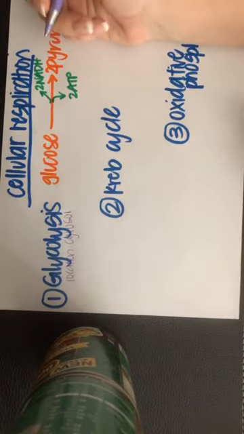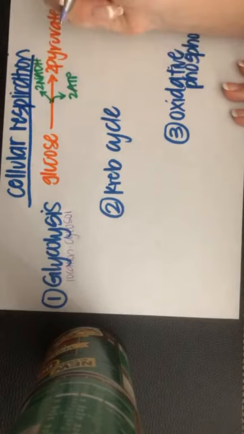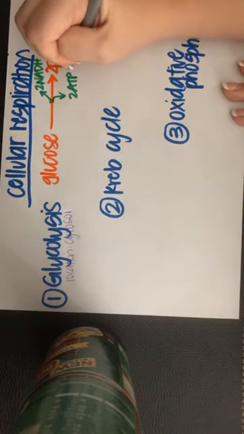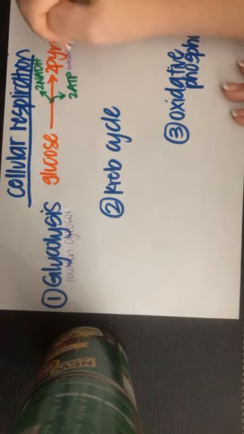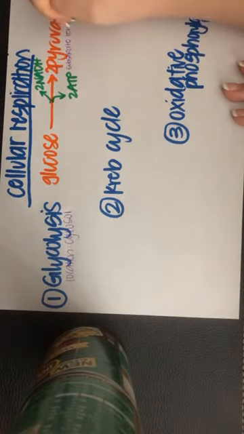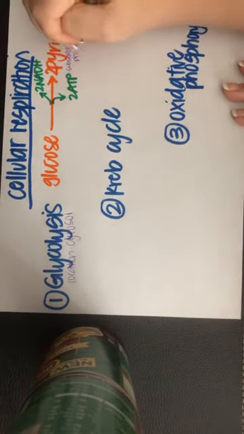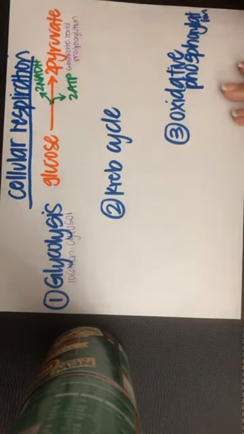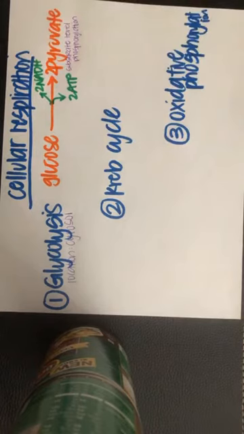One thing that's important about this ATP is, how is it made? The ATP is made by something called substrate-level phosphorylation. At the substrate level, the actual chemical level, we phosphorylate, or add a phosphate to, that substrate.